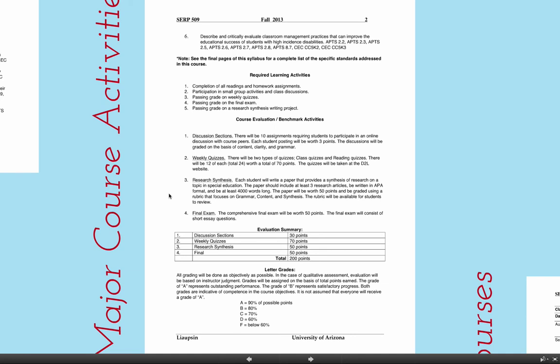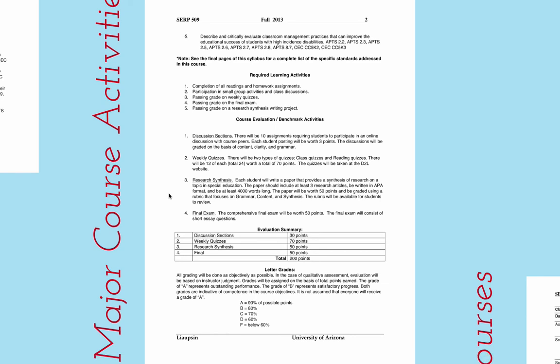Research synthesis. This is one of the larger activities. So as graduate students, we feel like it's important for you to be able to digest research that's out there and write about it.